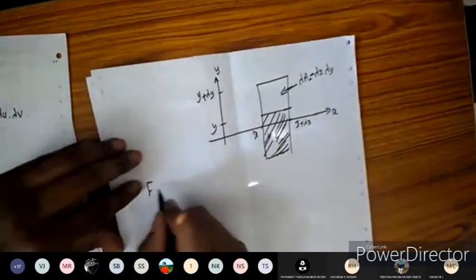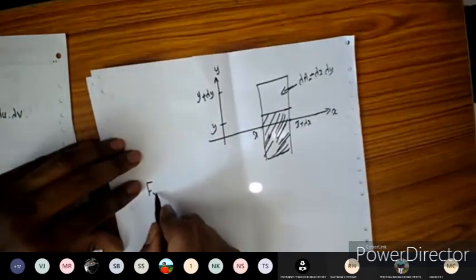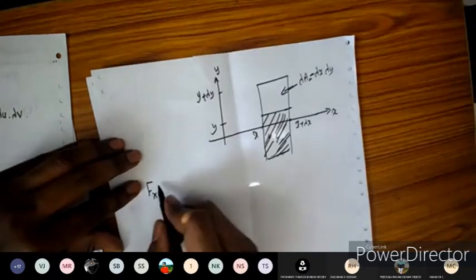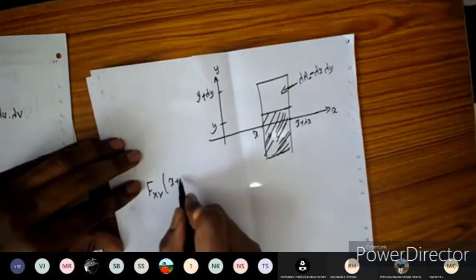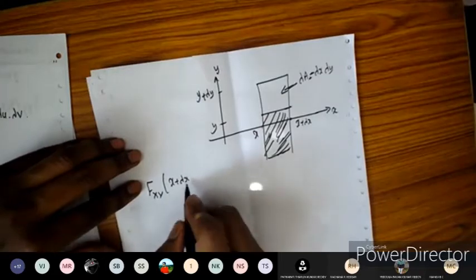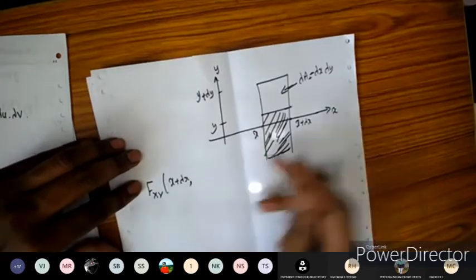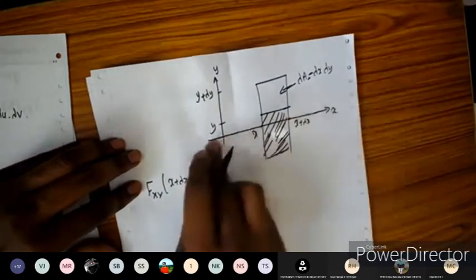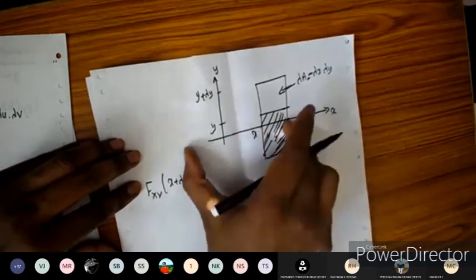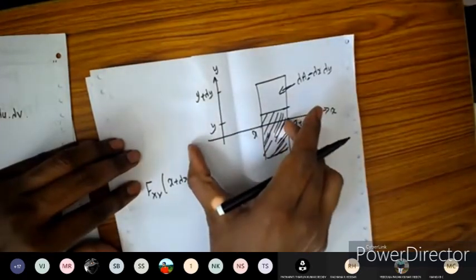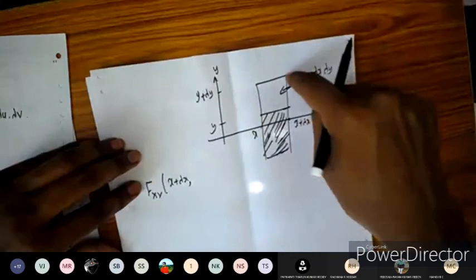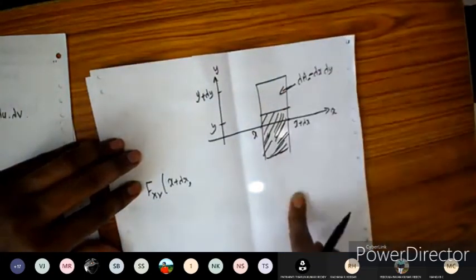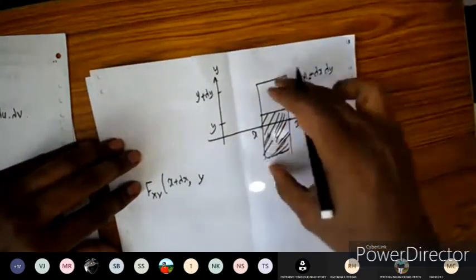I'm going to write the mathematical expression so that you understand. F_XY, considered from x plus dx, gives the full area. The other is y plus dy. If we consider from y plus dy down to minus infinity, we get the full area of this curve.